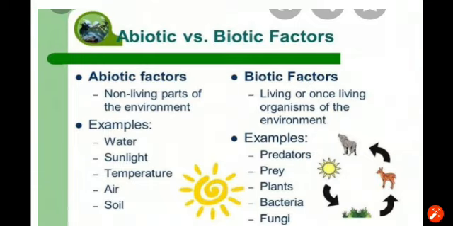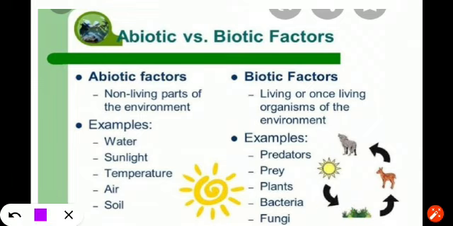See, have a look at this picture. Abiotic factors. What are the abiotic factors? Especially non-living parts of the environment. See the examples: water, sunlight, temperature, air, soil.